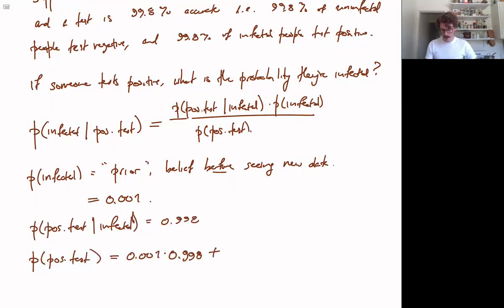Uninfected people, on the other hand, make up 0.999 of the population, and the probability that they test positive is 0.002, which is 0.2%, which is the opposite of uninfected people testing negative.